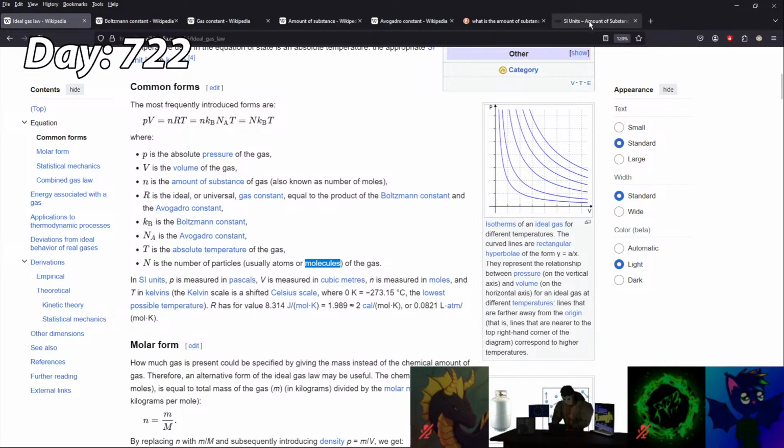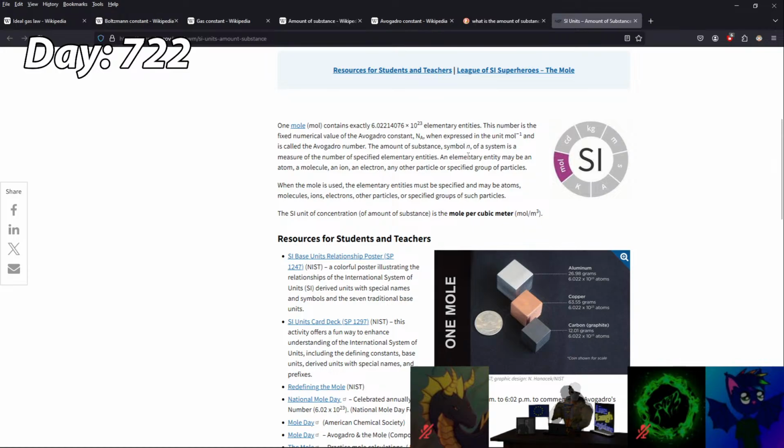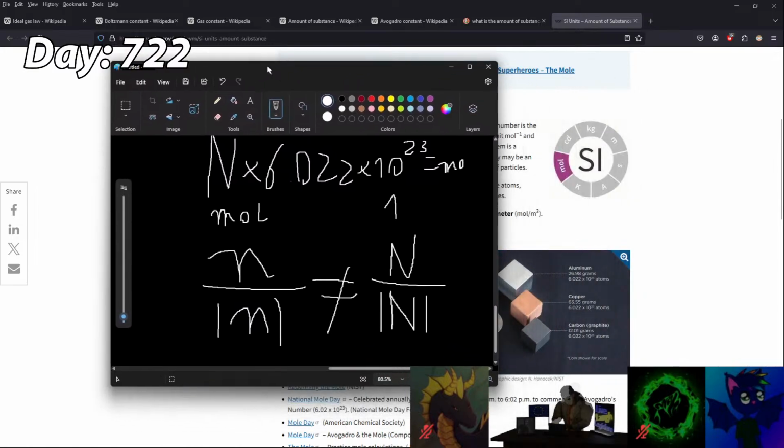The lowercase n is the amount of substance, which is the number of specified elementary entities. In this case, once again, we're measuring molecules of a gas, so number of molecules. Yes. In what universe, and this is a genuine question, how can a number of molecules not be equal to a number of molecules?